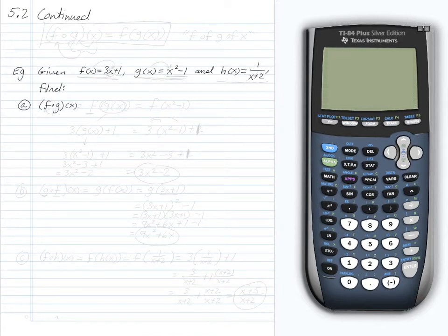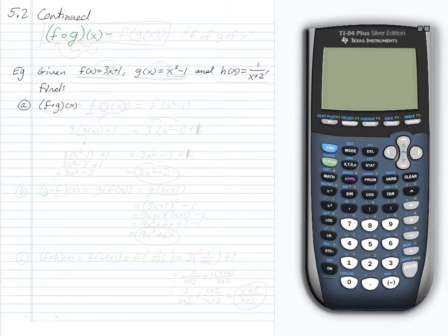Alright, I'd like to shift gears a little bit and look at composition of functions. The notes for this are on the next page of this section. And I'd just like to jot that down. So we're going to be dealing with something that looks like f, little circle, g of x. The little circle means we are composing f with g. So f composed with g of x.